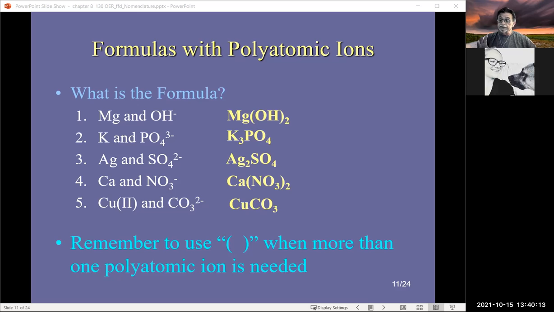Okay, so remember to use the parentheses when more than one of the polyatomic ions are needed. And so here, with respect to the name, we have magnesium hydroxide. You will find, if you Google the term, oxygen hydride or oxygen hydrogen or some name.